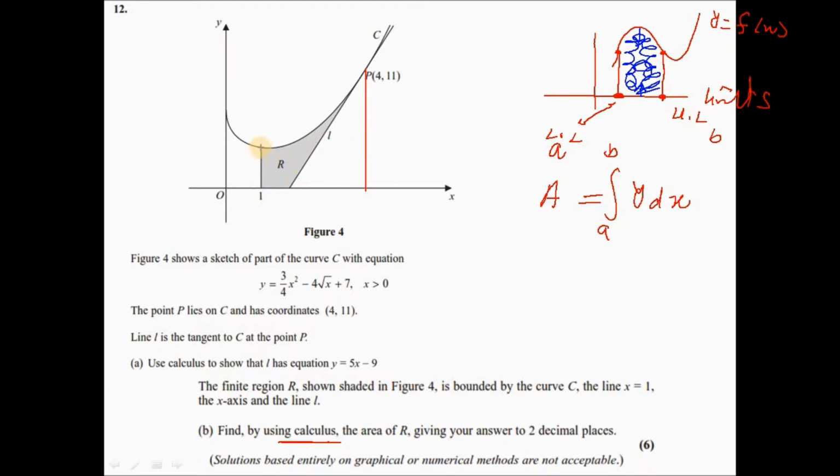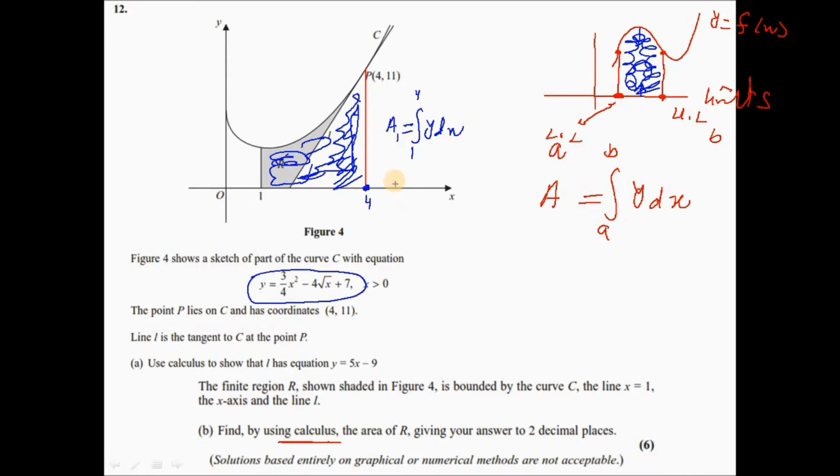This vertical line is x equals 1, so this would be my lower limit, and the x coordinate of this point is 4. So if I integrate the curve between 1 and 4, y dx, I would have the whole region, shaded and unshaded, and I'm going to call this area A1.